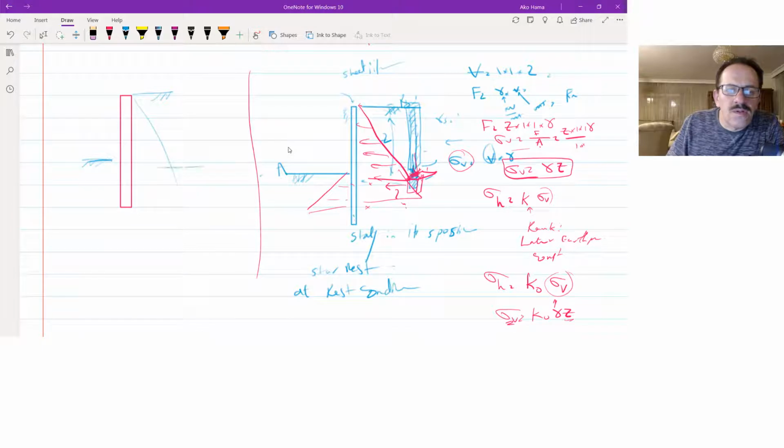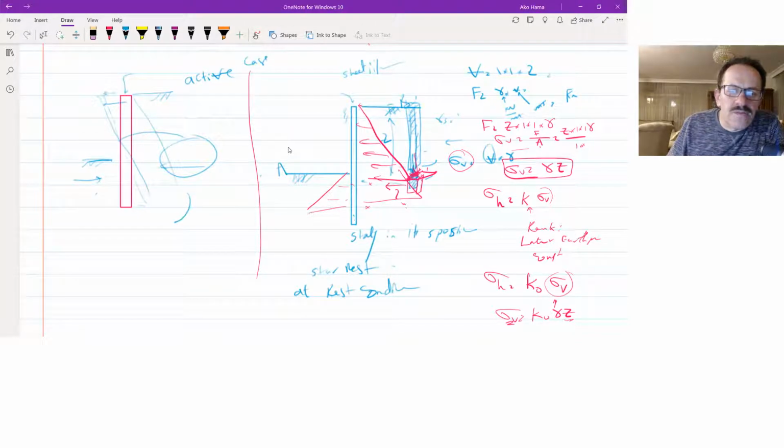But now if the force from this way is more than from that way, it means that this sheet pile is going to move in this way. Going this way means that it is an active case, where the force will be more than this one.